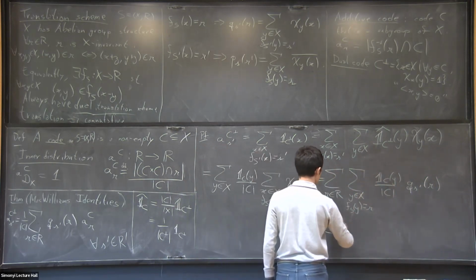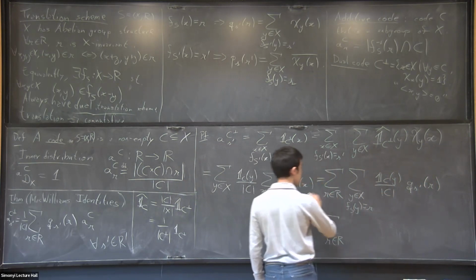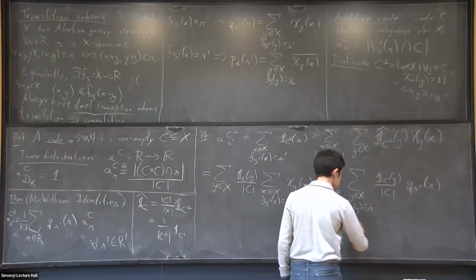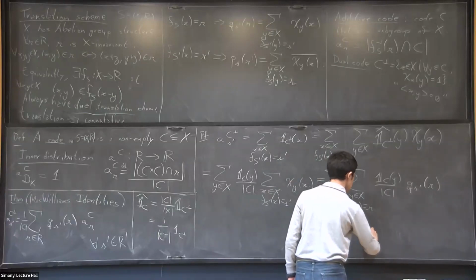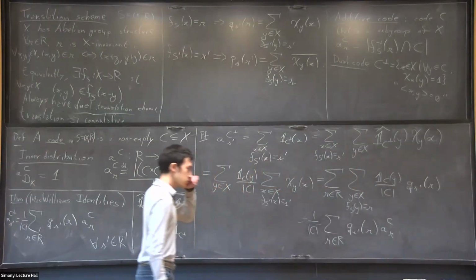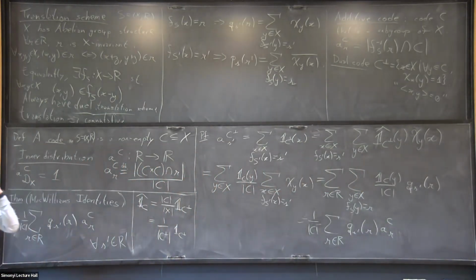So just this, and the C comes out. Okay, so that is the MacWilliams identities.